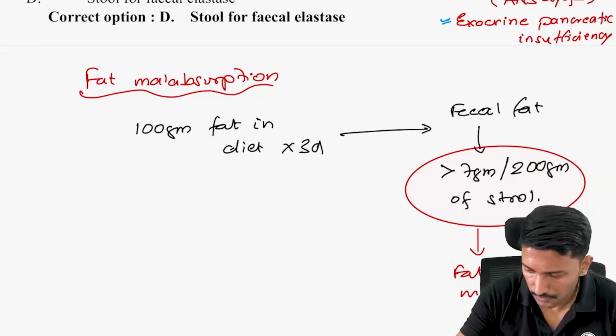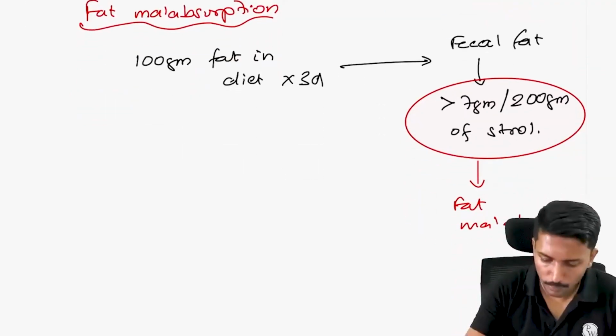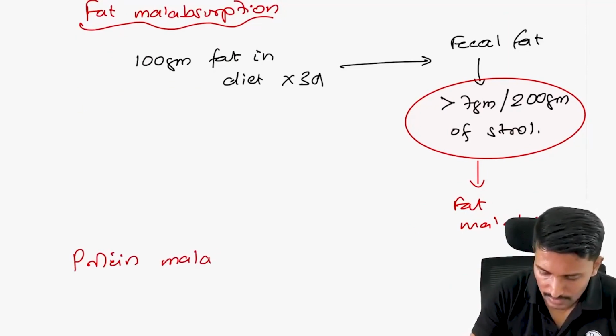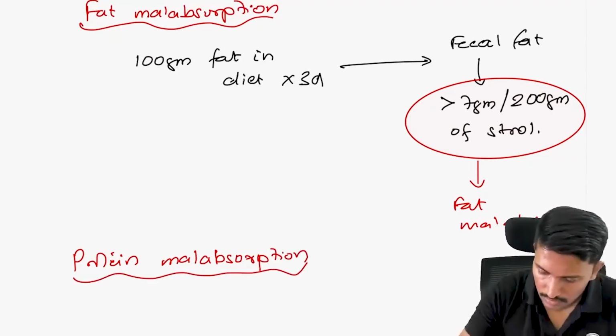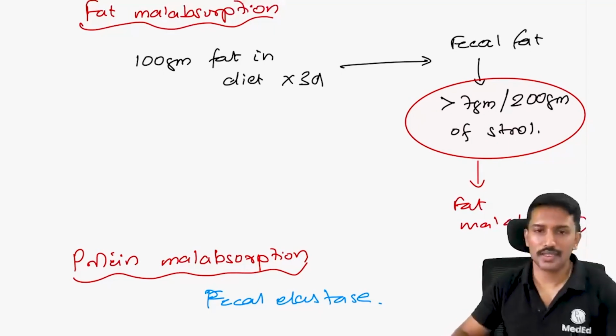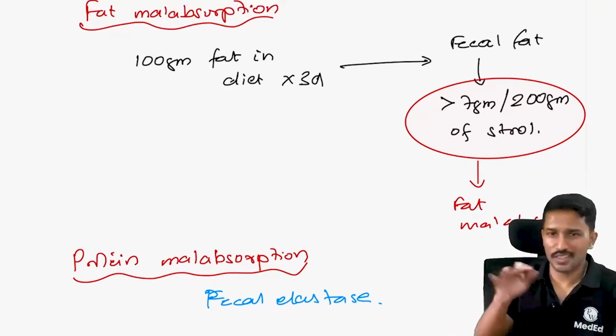And for protein malabsorption, we can check the fecal elastase levels.